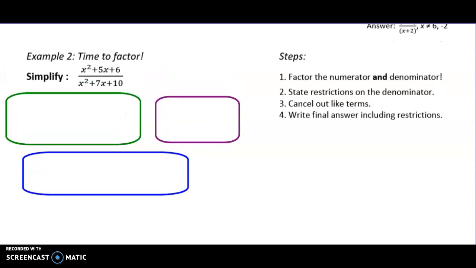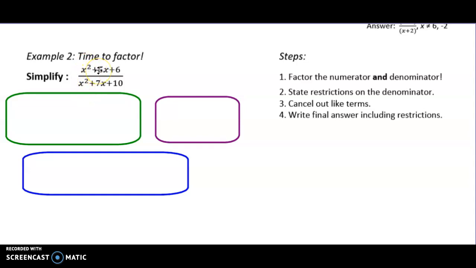Now moving on to example 2, notice it says time to factor. So this problem looks more like most problems would look, because they are polynomials in standard form on the top and the bottom, in the numerator and denominator. And in order to be able to find factors that are alike, I need to factor both my numerator and denominator and find like factors. Notice, x squared and x squared are in the numerator and the denominator.